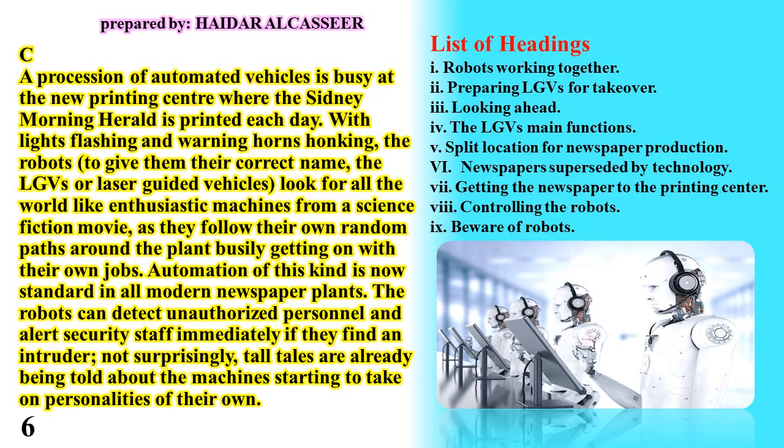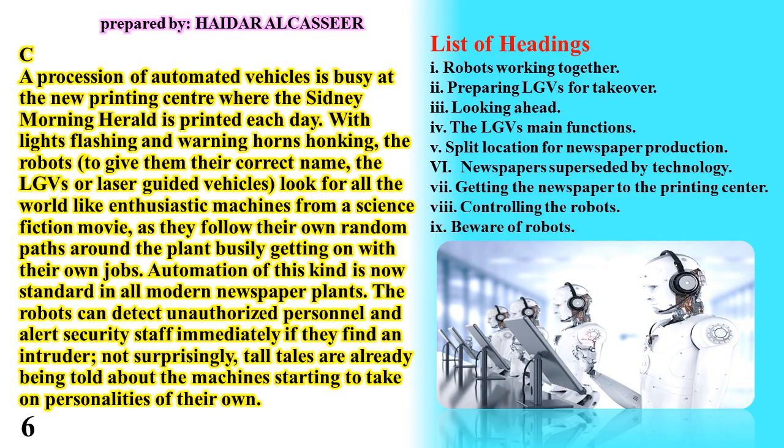We have between two brackets here, to give them their correct name, the LGVs, or laser guided vehicles. What we have here is a sub-sentence between two brackets. There's a rule in English which says when you have a sentence between two brackets, that means it's not a main sentence, it's an extra one, which explains the noun that precedes.